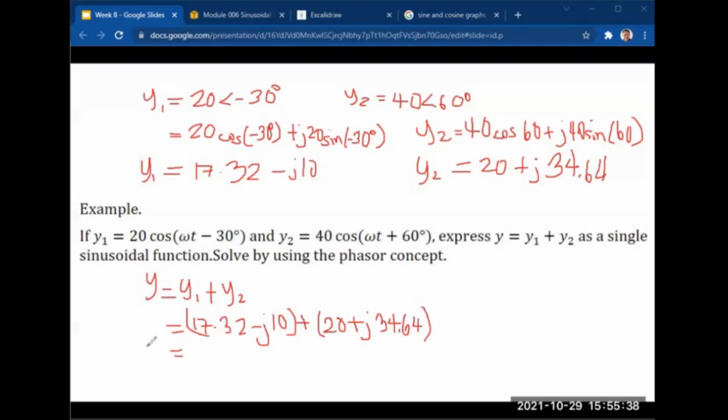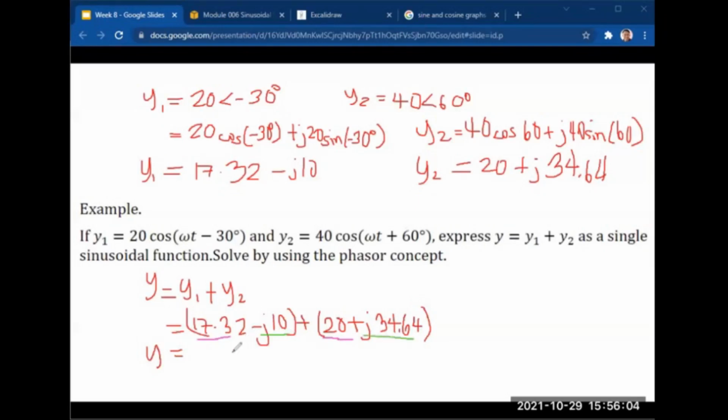So y here will be equal to, we add the real parts and we add the imaginary parts, as per the solution. Real parts, and then imaginary parts.